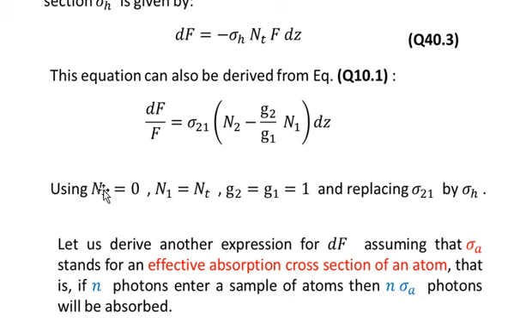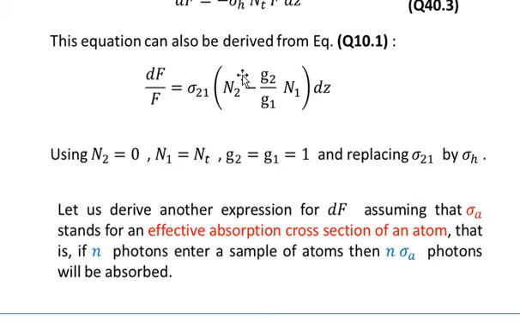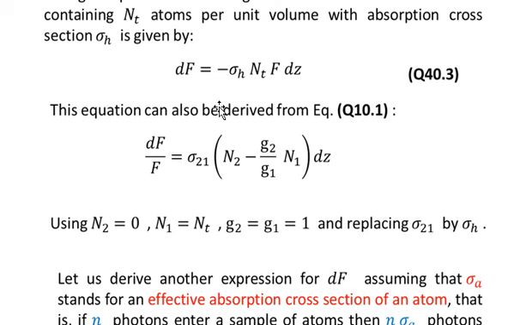Using n2 equal to 0, n1 equal to NT, g2 equal to g1 equal to 1, and replacing sigma 21 by sigma h, we can obtain the expression given above in equation 40.3.